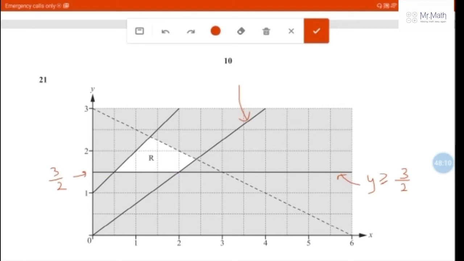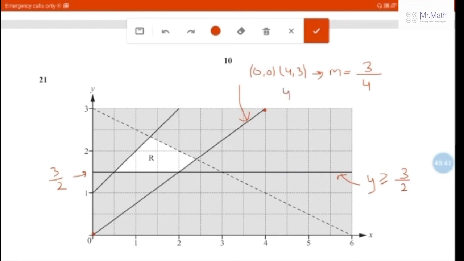The first point is 0, 0, and the second point is 4, 3. So m, which is the gradient, is y2 minus y1. y2 is 3 and y1 is 0. So 3 minus 0 is 3 over x2 minus x1. Here x2 is 4 and x1 is 0. So the answer is 3 over 4.